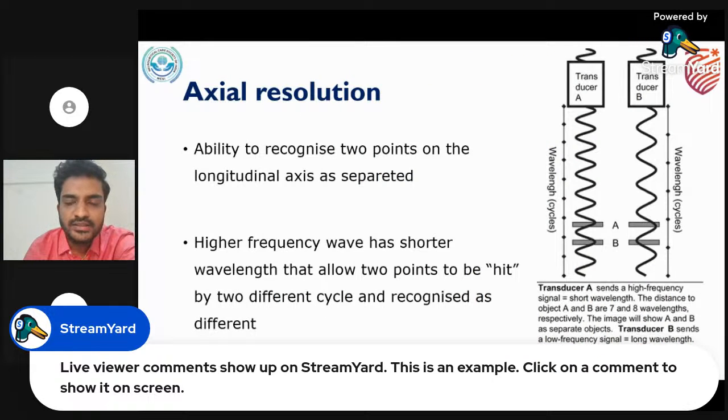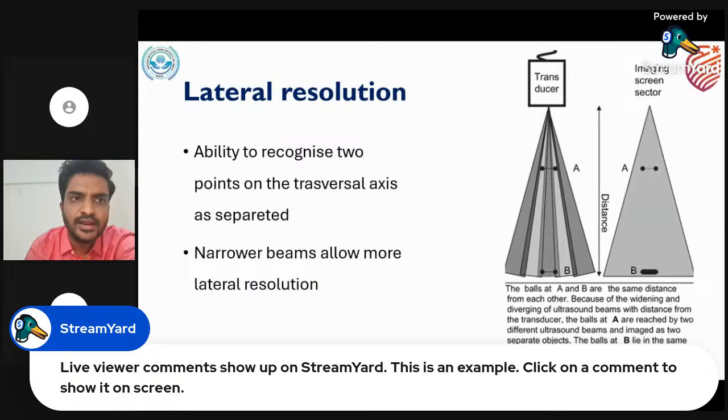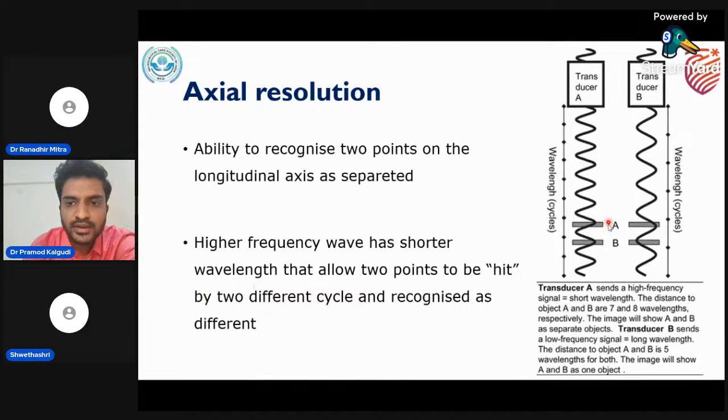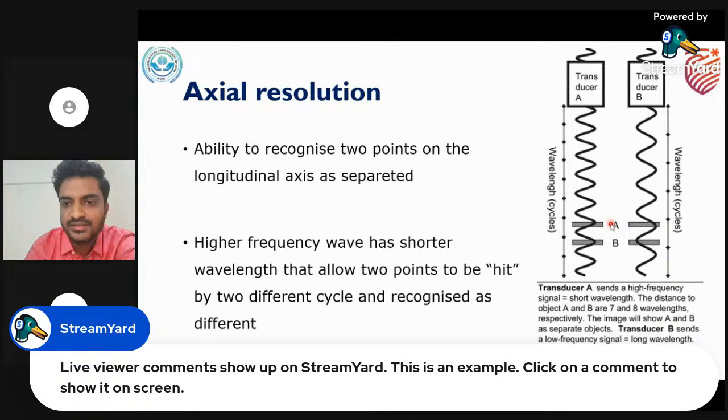When the ultrasound beam enters a medium, its ability to give a clear picture is called resolution. You have axial resolution and lateral resolution. In axial resolution, you have 2 points, point A and point B. Two different wavelengths fall on point A and point B, so such a frequency lets you know that there are 2 points.